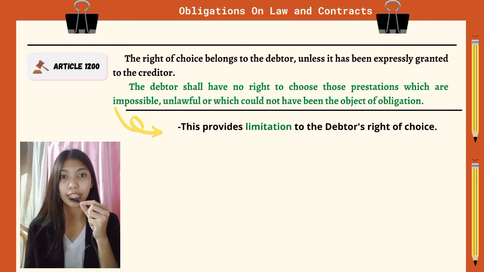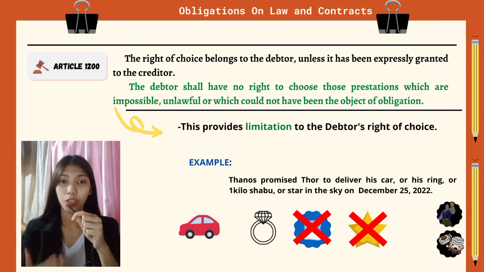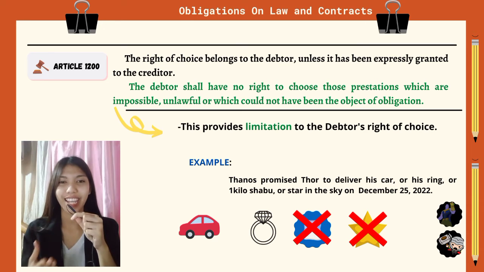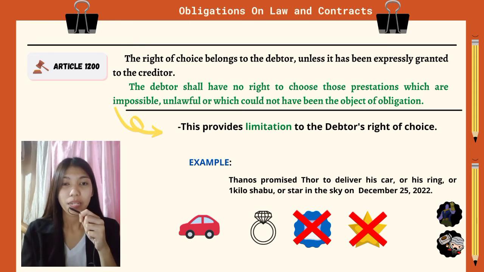So, for example, Thanos promised Thor to deliver his car or his ring or 1 kilo shabu or the star in the sky on December 25, 2022. If we apply Article 1200, Thanos cannot choose the third prestation, which is the delivery of 1 kilo shabu, since it is unlawful.